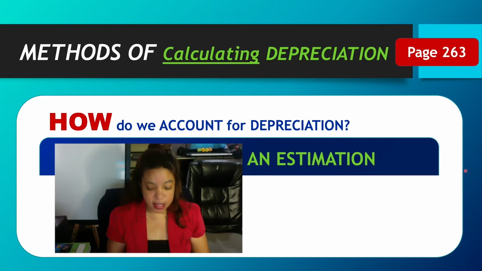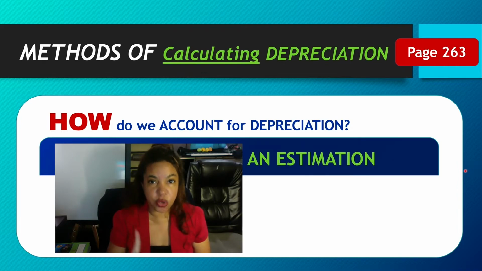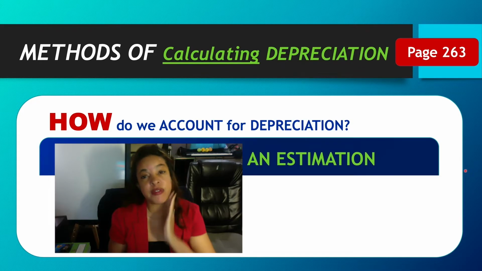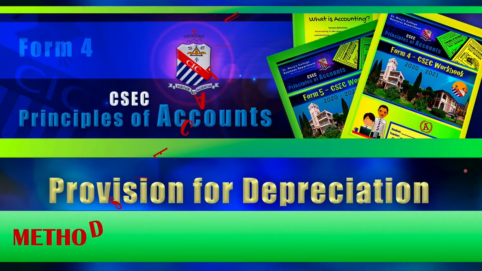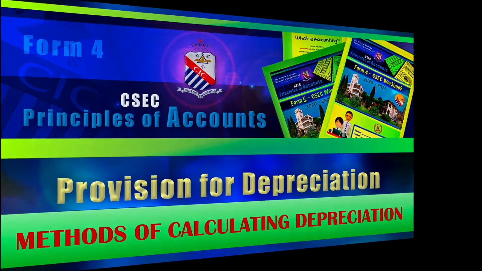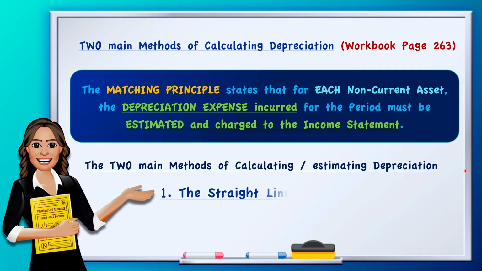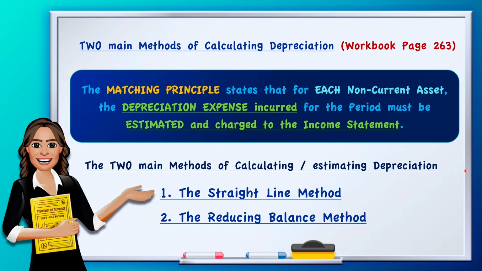So because of that estimation, we have two methods that you will learn in CSEC for calculating an estimated annual depreciation, your depreciation expense for the year that will go into the income statement. Those two methods are called the straight line method and the reducing balance method.